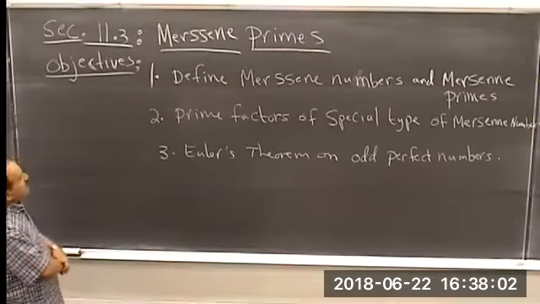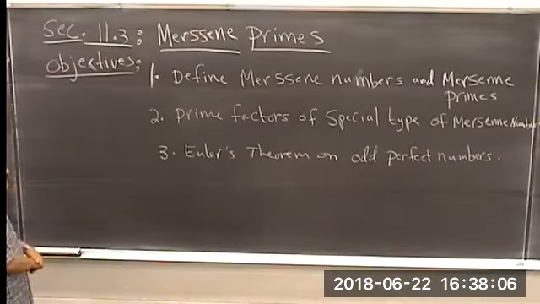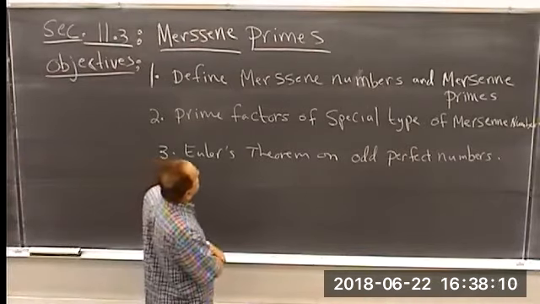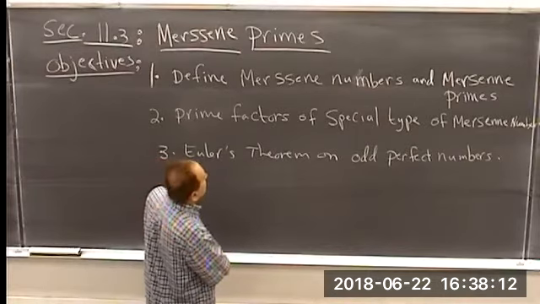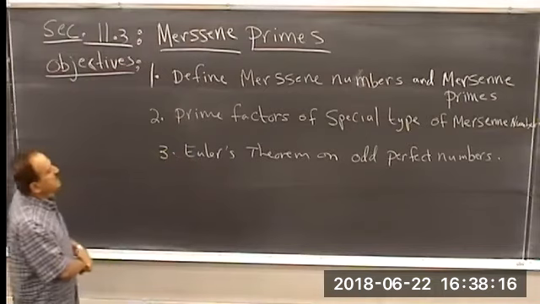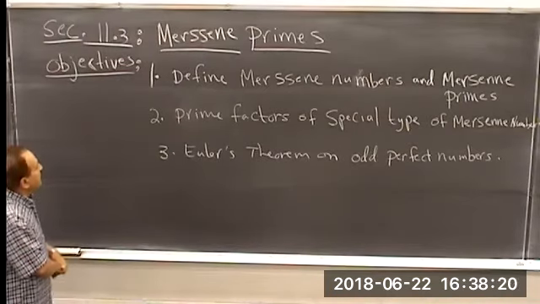So in this section, it is natural to take a more extensive look at the numbers that we use to generate even perfect numbers, and these are the Mersenne primes.